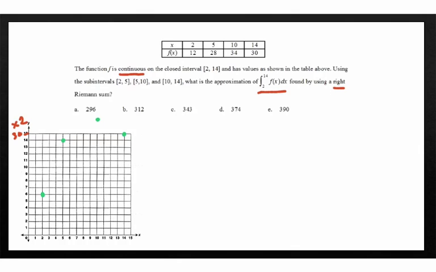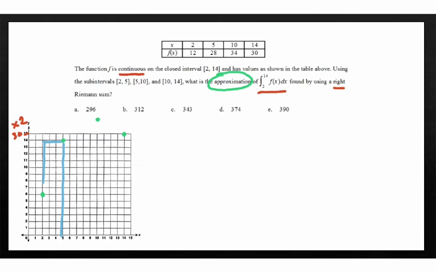So we can't make assumptions about what happens in between these 4 points, but we can still make an approximation with rectangles. And it says we're using a right rectangle. So that means in between 2 and 5, for example, my rectangle is going to touch in the upper right corner.